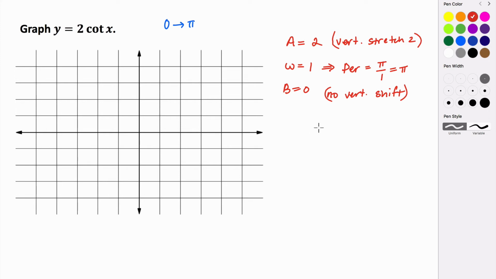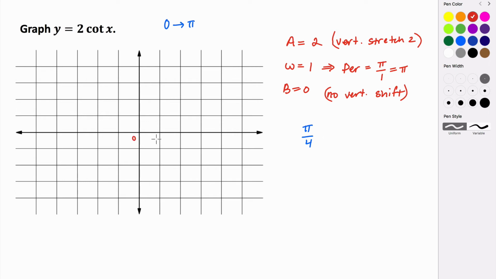Just like we did with all the other sine and cosine functions, we're going to cut our period into quarters because all of our major values are going to happen at the quarter marks. So pi divided by 4, those are going to be where our key points occur. So we're going to label all of our pi over 4 units.